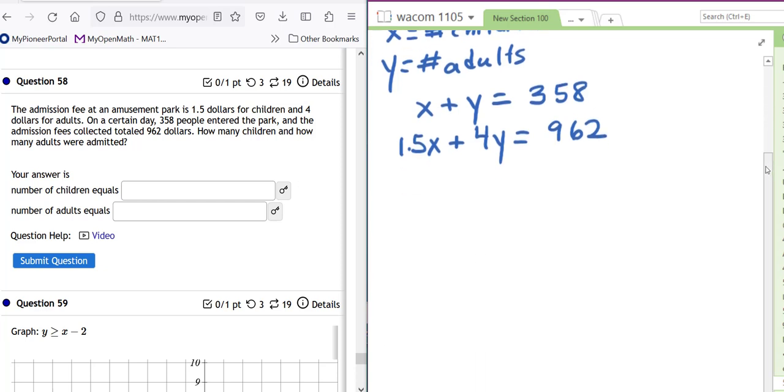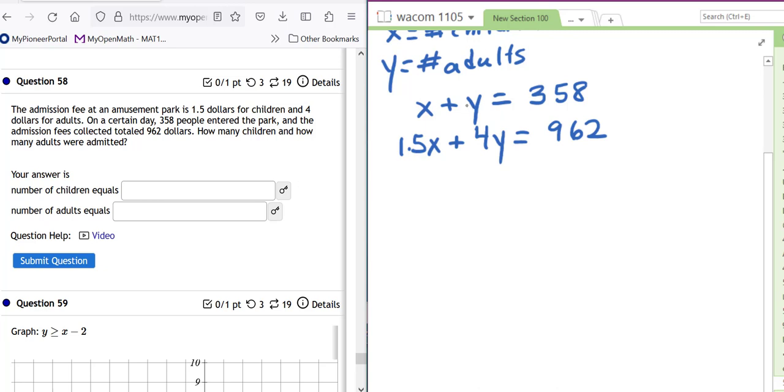You can do it by elimination method, or it's pretty easy to isolate a variable in this one. Either way is fine. I think I'll isolate one. So I am going to isolate the Y because this one has a decimal in it. All right.